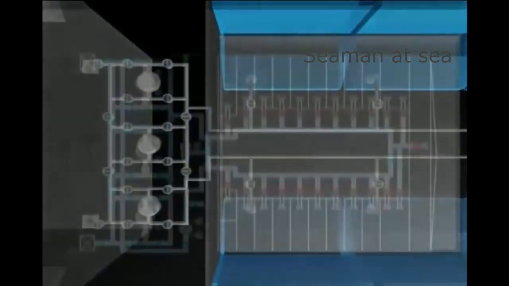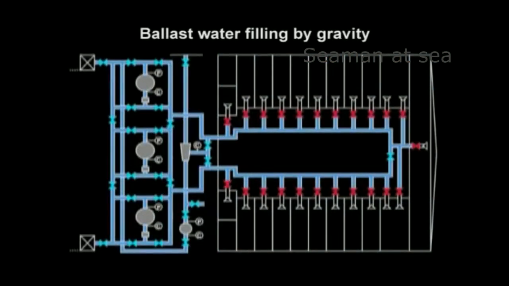Now we begin filling ballast water by gravity. Put the valve lineup in the proper order to bypass the ballast pump.